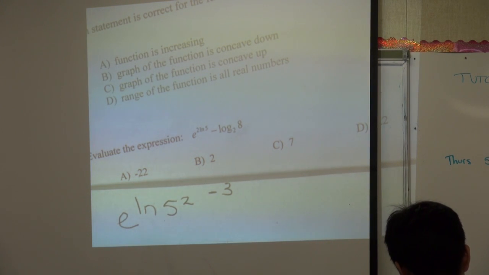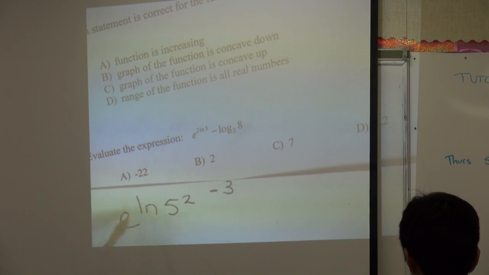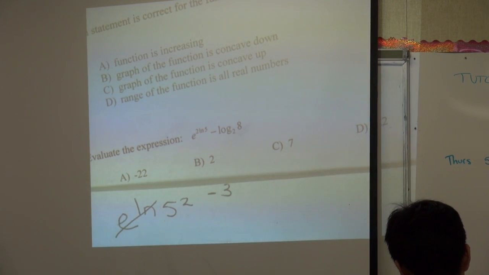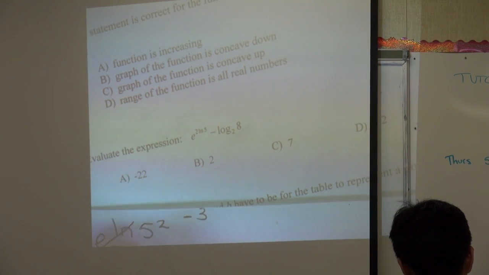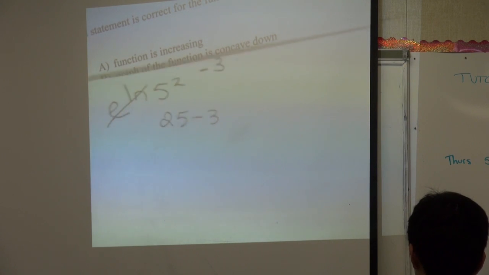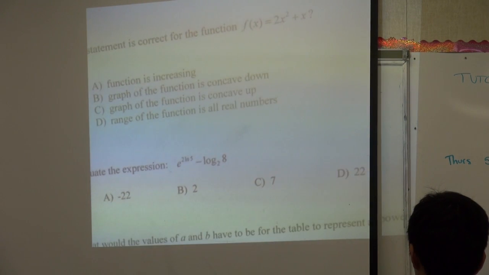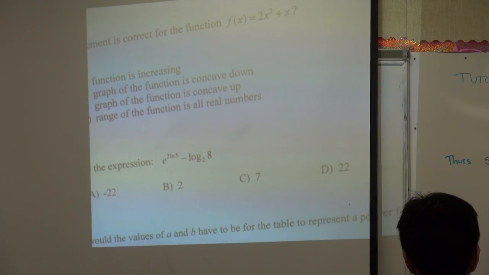Now, hopefully, you have some recollection that e and natural log are each other's inverse, and they essentially cancel. 5 squared is 25, and 25 minus 3 is 22. And so the correct answer was D.